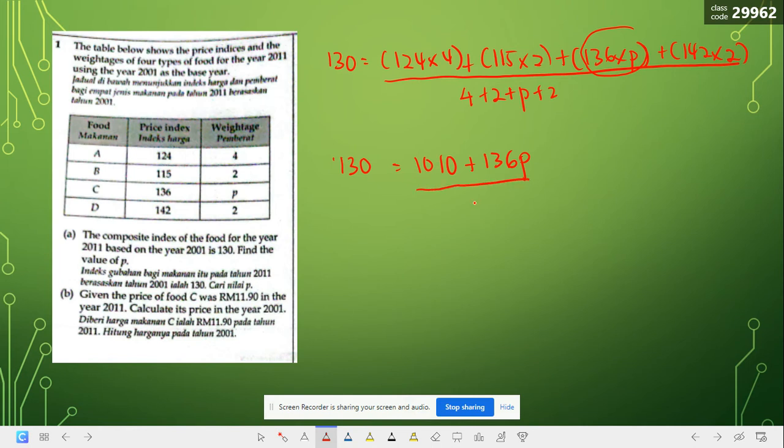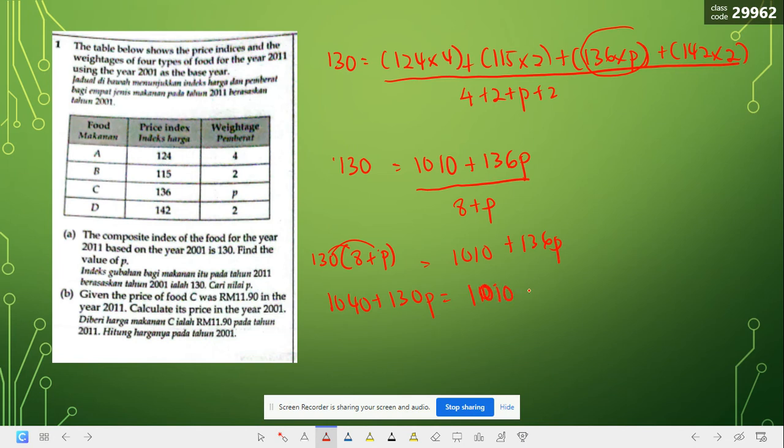Here is 6 plus 2, so 8 plus P. Then you change from divide to multiply, so 130 times (8 plus P) equals 1010 plus 136P. Here we expand: 130 times 8 you get 1040. So 1040 plus 130P.